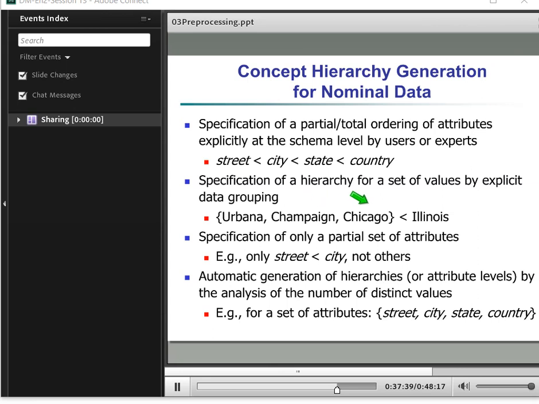For example, Urbana, Champaign and Chicago. All of these cities are in the Illinois state. So instead of saying names of those cities, I can say, for example, this is an address in Illinois.